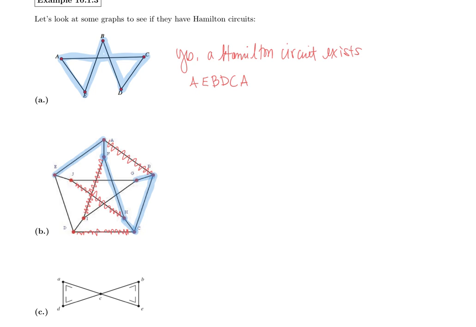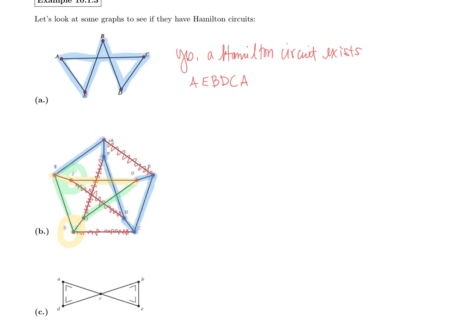From G, we have to go to either J or to I. And either way, we're still going to miss a vertex, because if we go to I, then we'll have to go to D and up to E, but we have missed J. Versus if we go to J, our only option is to go to E, and we've missed D.